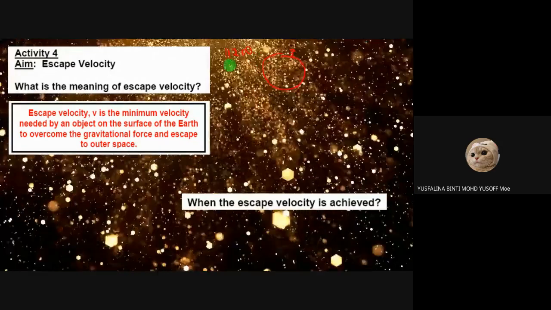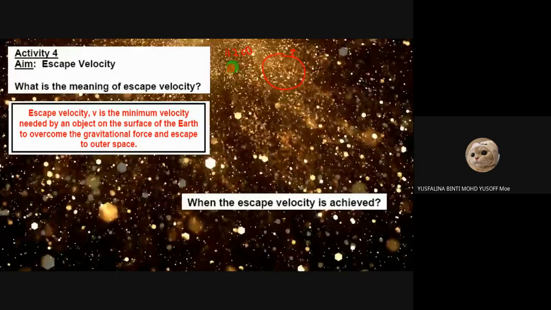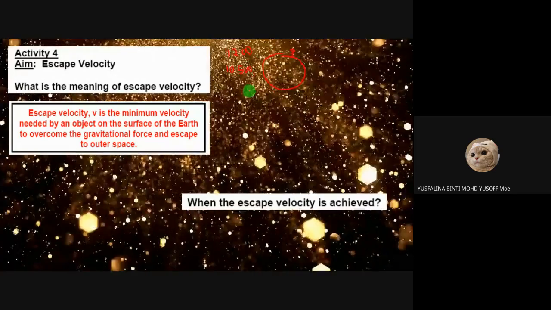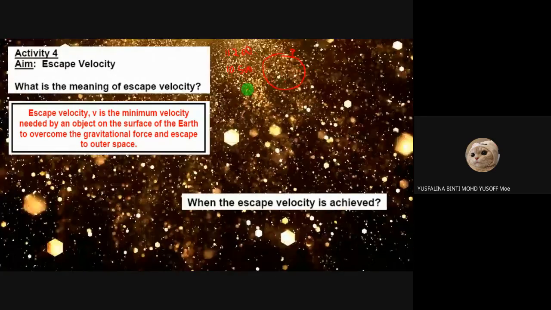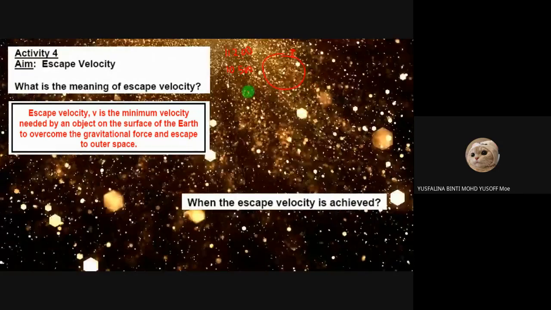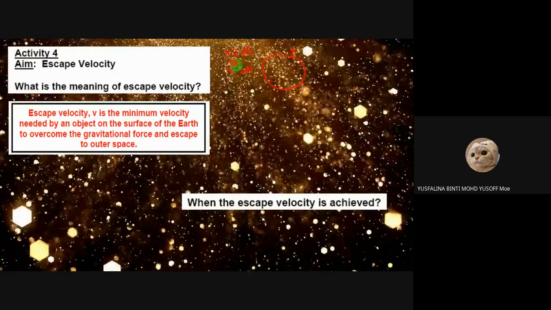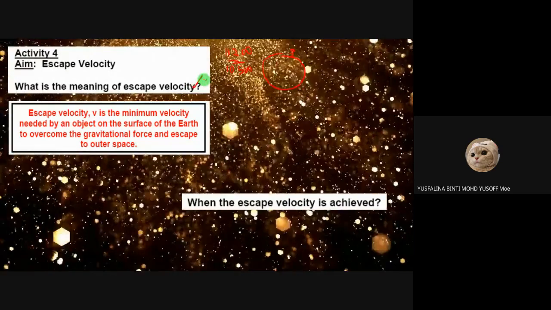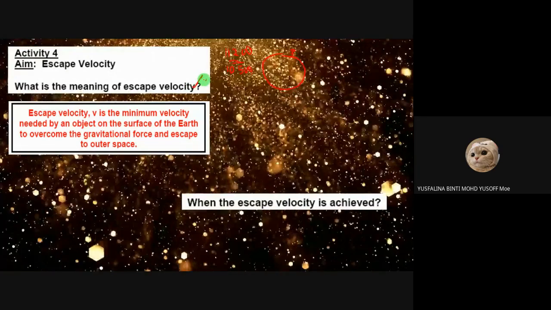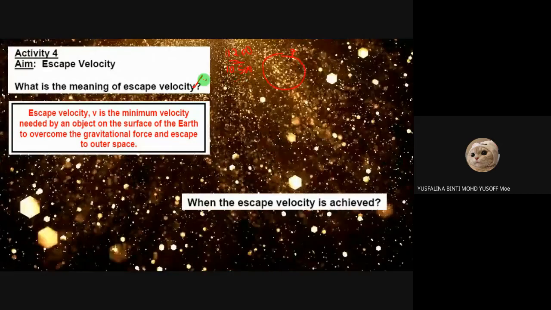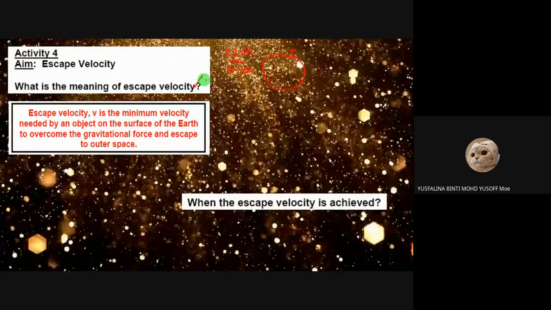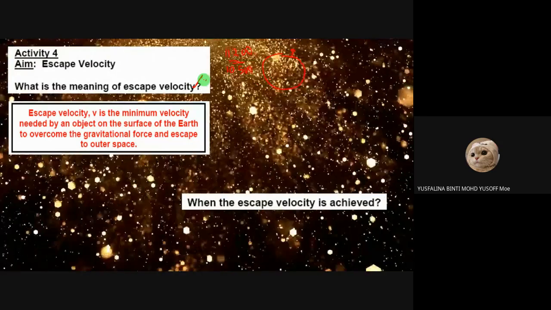If you launch the rocket and the speed is only 10,500, so it's much lower than that, the rocket will come back to the earth. That's why this is called the escape velocity: the minimum velocity needed by an object to overcome the gravitational force, so it can go to outer space.